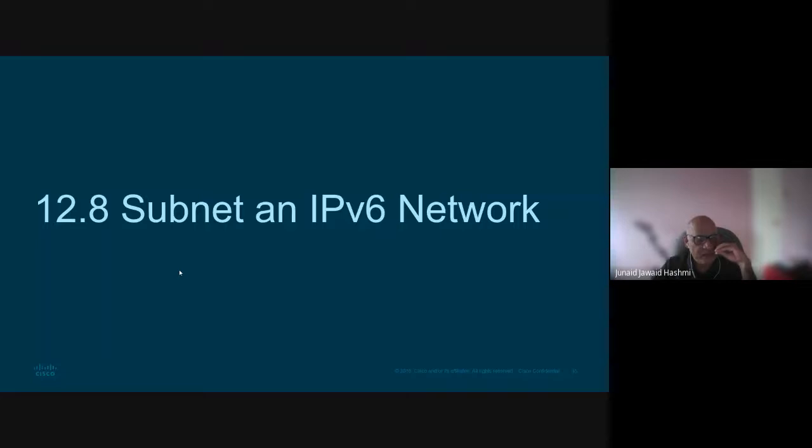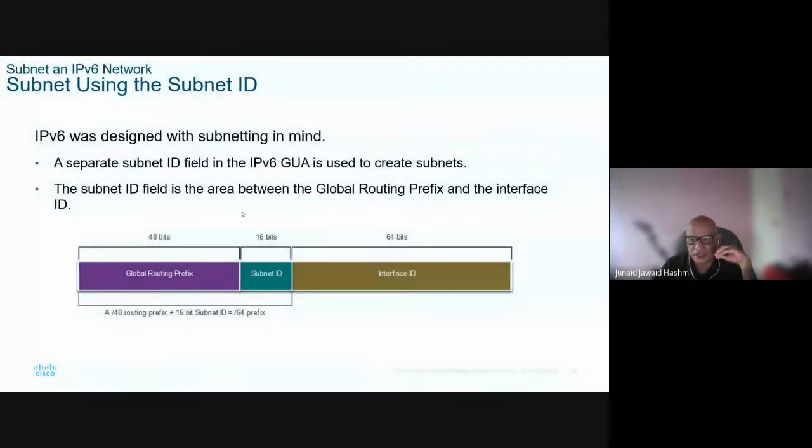Now, subnetting in IP version 6, as I said before, is much easier. Here is an IPv6 address that is subnetted. As you remember, 64 bits are used for the network ID and 64 bits are the host ID. If you are subnetting, the 48 bits would be the global routing prefix, and the 16 bits would be the subnet ID.